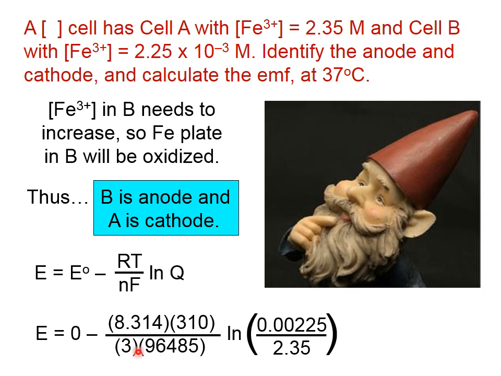Here we're going to move 3 moles of electrons because we're going from iron 3 to neutral iron. And for a concentration cell, Q is always dilute over concentrated. If we type all that into a calculator, we're going to get positive 0.0619 volts. Incidentally, E can never be negative for a concentration cell. It's always going to be positive.